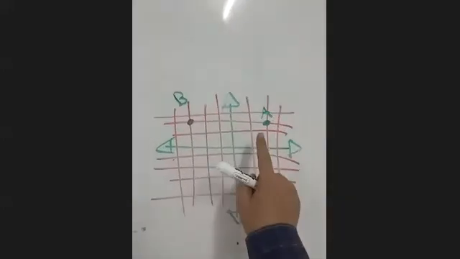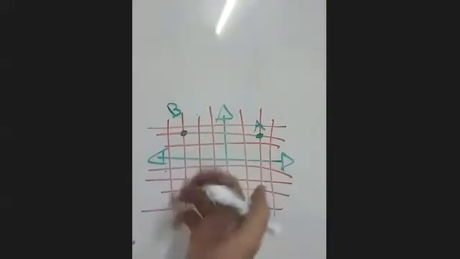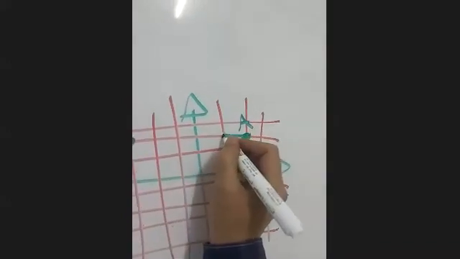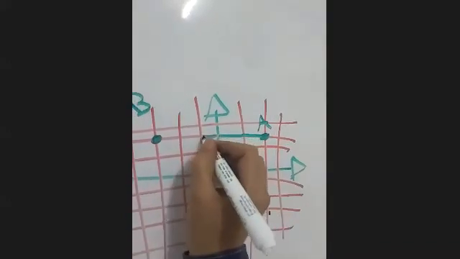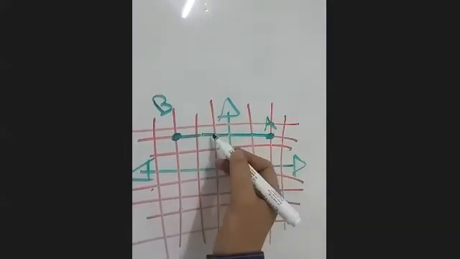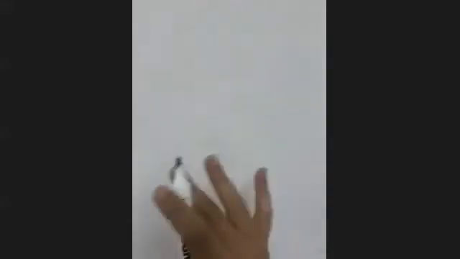Now, if A is here and B is here, and we want to find the distance between them, what will we do, guys? We will count the squares. 1, 2, 3, 4, 5, without calculating, okay?